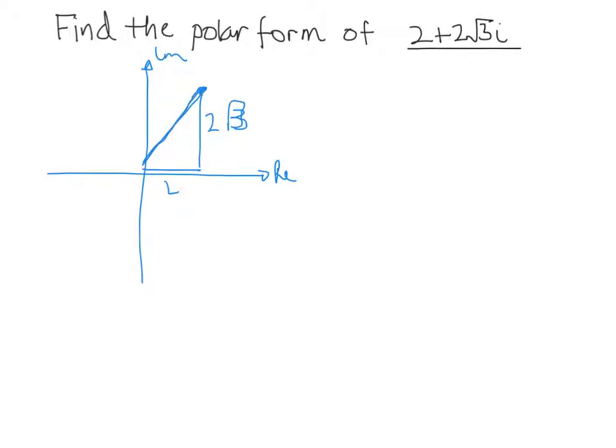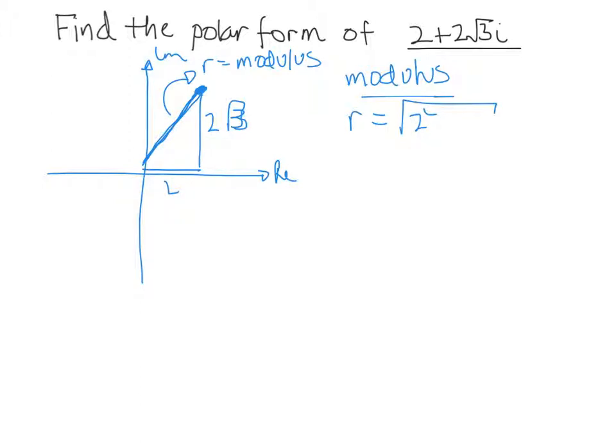Now, this distance from the origin in a straight line is sometimes called r, or it's occasionally called the modulus. So if we had to work out the modulus, what we could say is r is equal to the square root of 2 squared plus 2 root 3 squared.